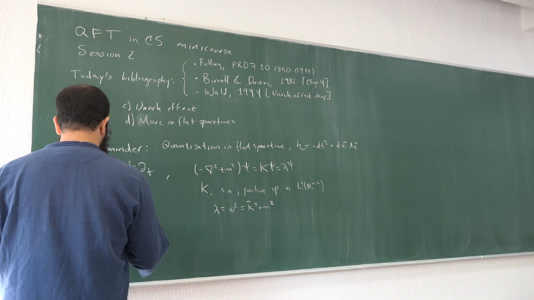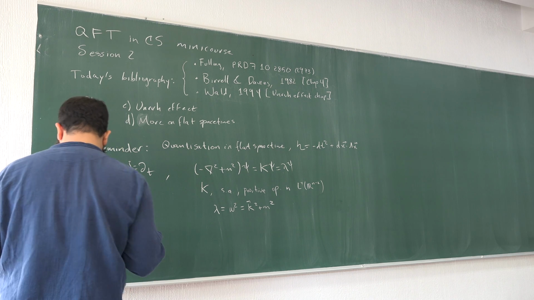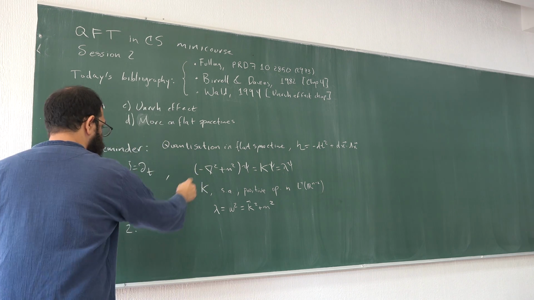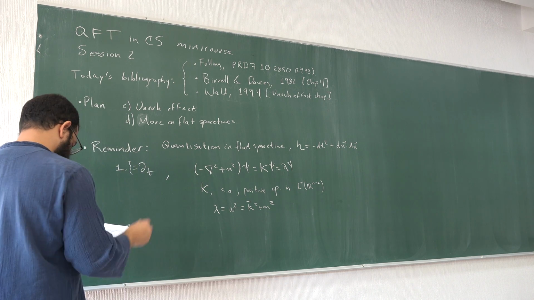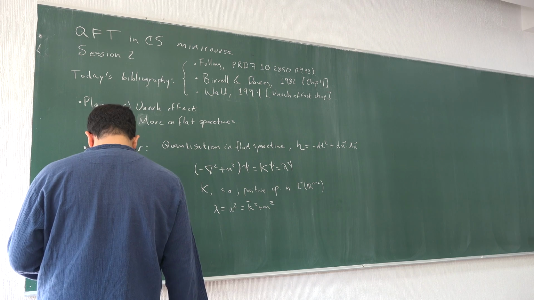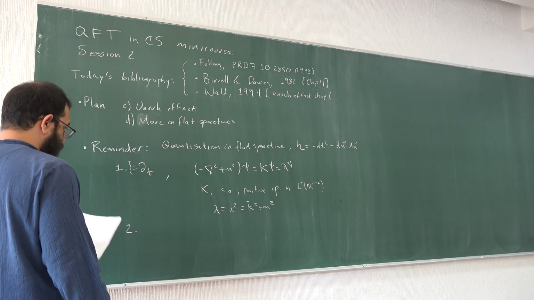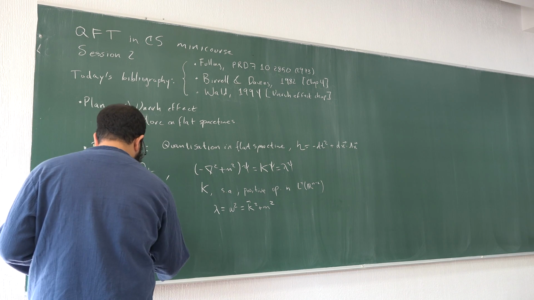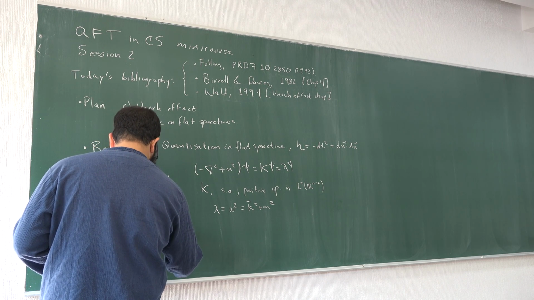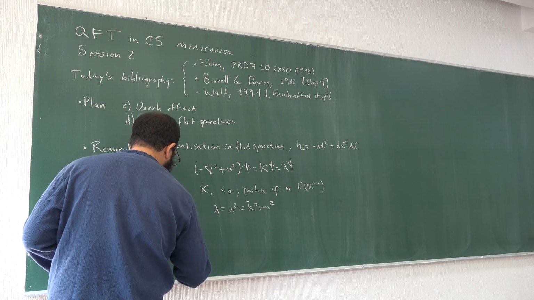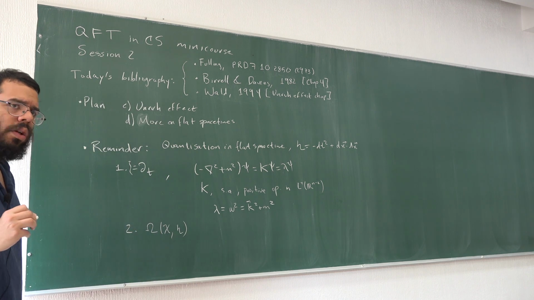Then what we did, maybe this is already step 2, was to realize this as a positive self-adjoint operator. The next step is that we find the solutions using these techniques, and we have a complex structure in our space of solutions.